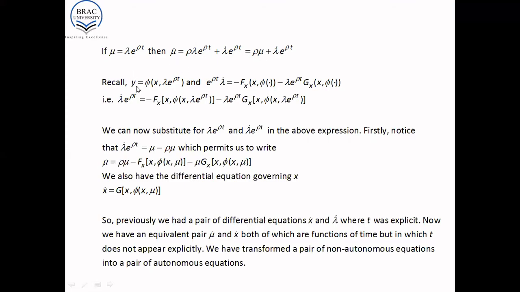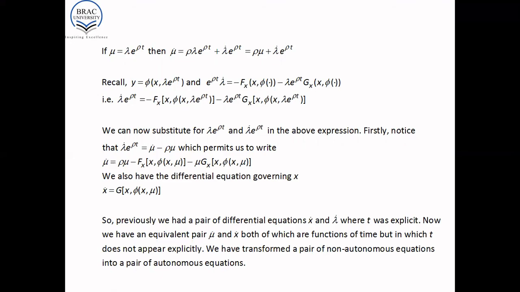Now recall y is equal to phi of x, lambda e to the power rho t, and e to the power rho t times lambda dot is equal to minus f sub x of x and phi minus lambda e to the power rho t g sub x of x and phi.